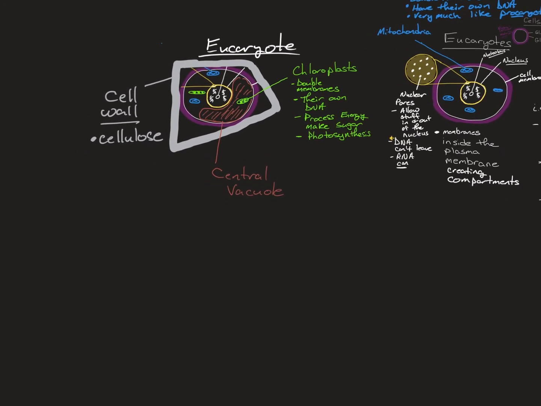The central vacuole has to do with water regulation. That's the main function. It regulates osmosis, osmoregulation. So that's water regulation. Are we clear? That's what the central vacuole is doing.